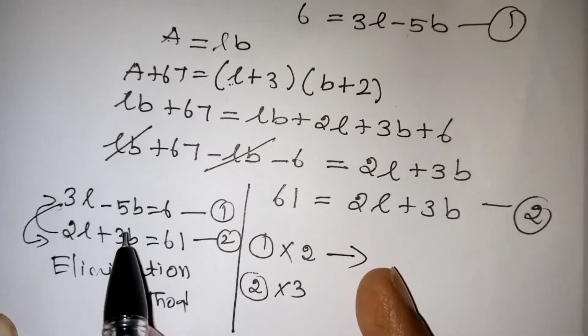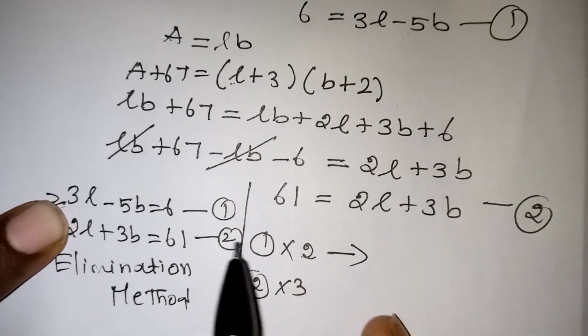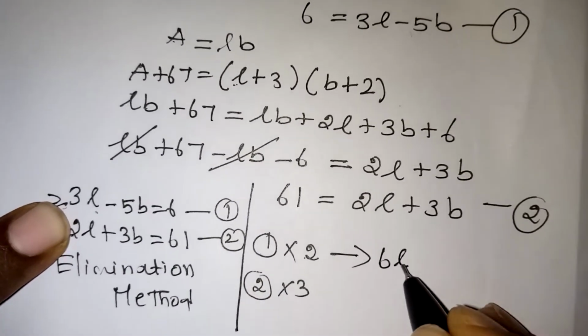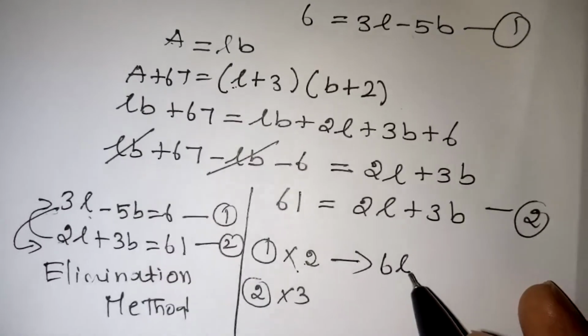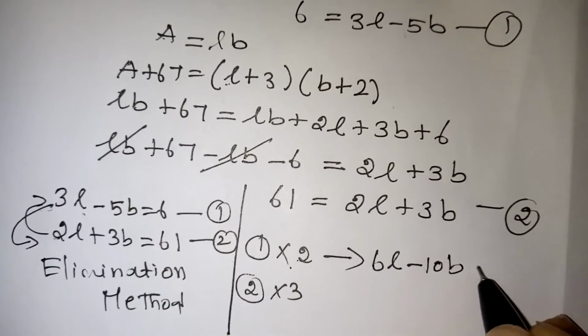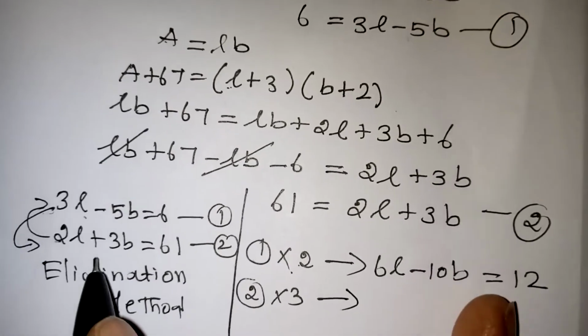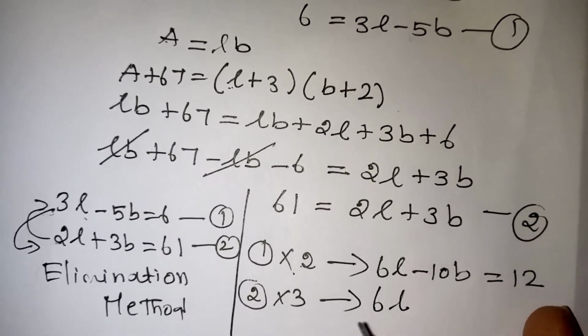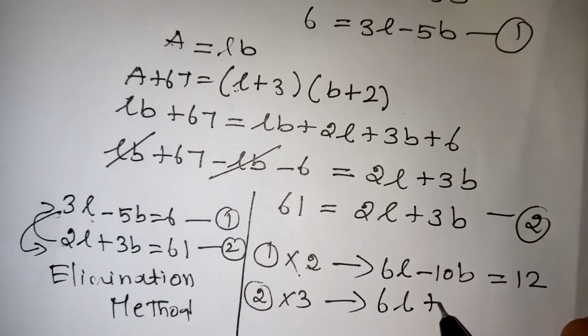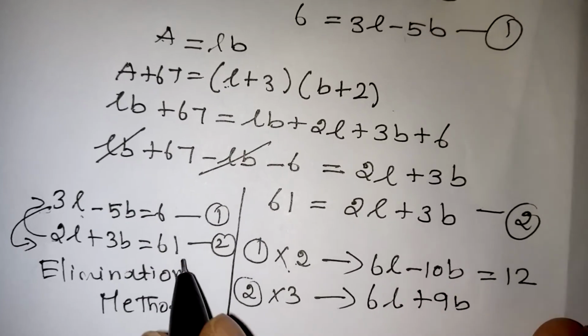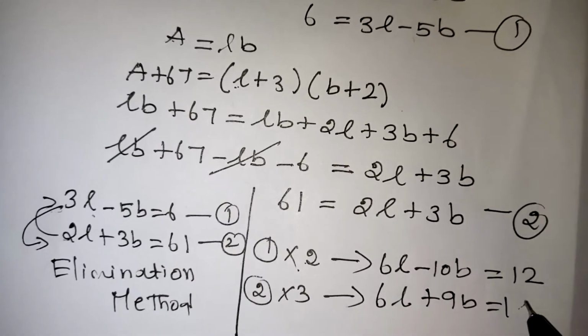So here the first equation, into 2: 2 3s are 6L and 2 5s are 10B, which is equal to 2 6s are 12. Second equation by 3: 3 2s are again 6L, 3 3s are 9B, and 6 into 61 will be 183.